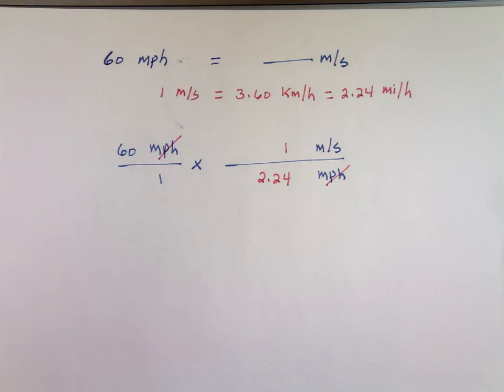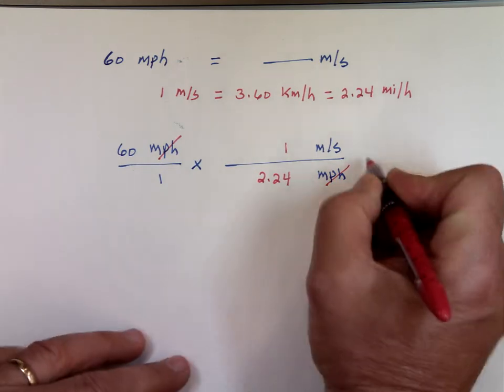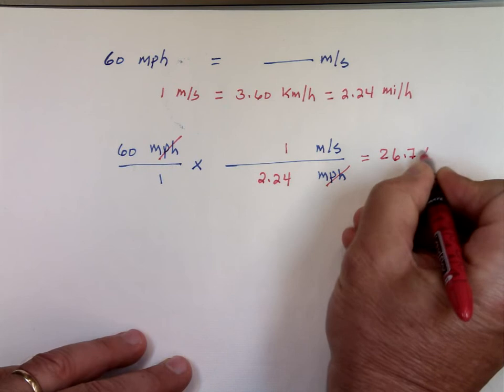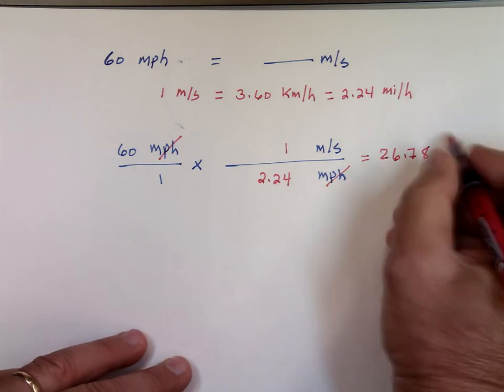So 60 divided by 2.24, 26.78 meters per second.